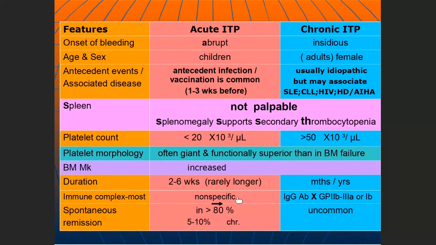It is not directed against a specific antigen or protein. While in chronic ITP, the antibody or the immune complex is against glycoprotein 2b3a or glycoprotein 1b. That means the receptor for adhesion, which is 1b, or the receptor for aggregation, which is 2b3a.